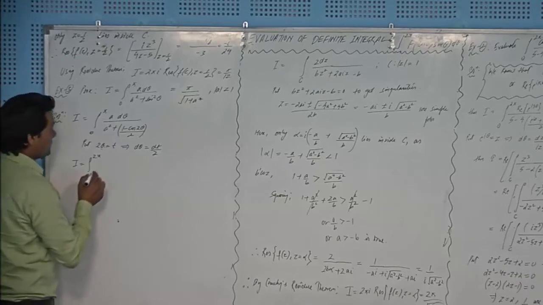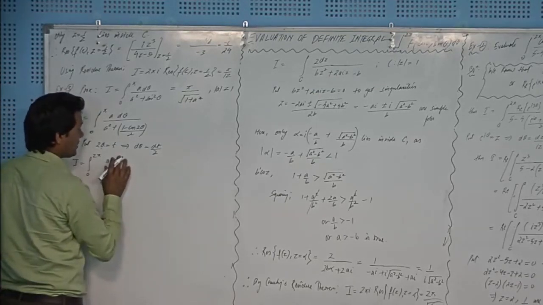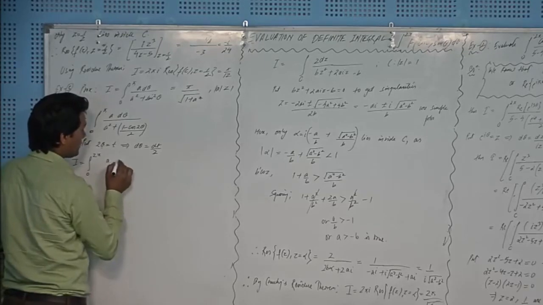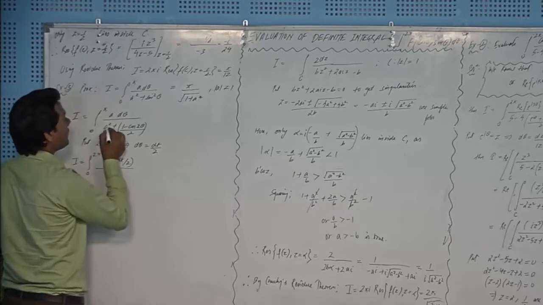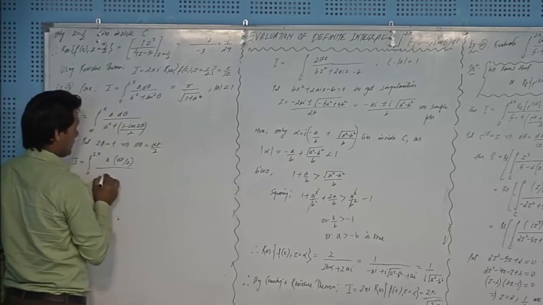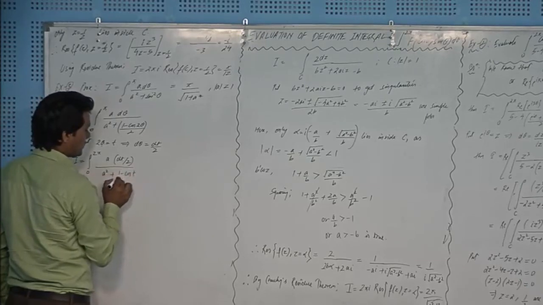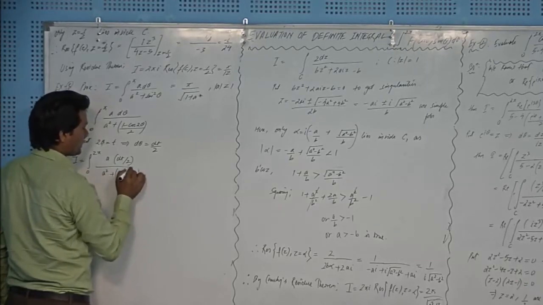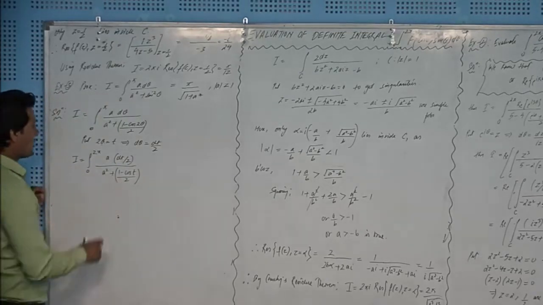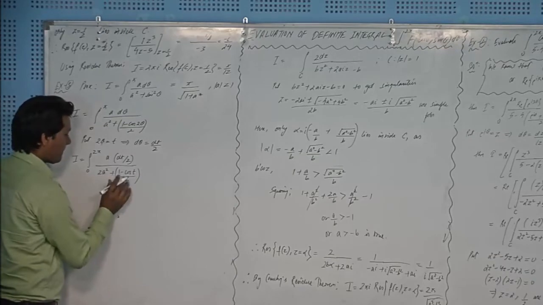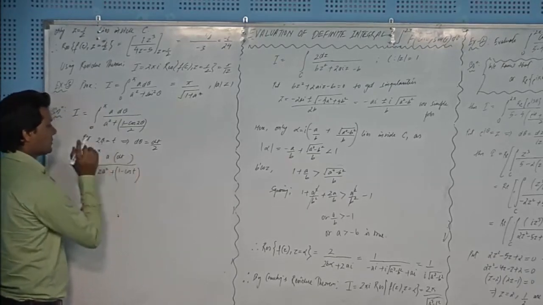Here we will have a d theta, and d theta is replaced by dt by 2, so it will become dt over 2, and in the denominator we'll have a square plus (1 minus cos t) over 2, right? Or should I remove this 2 by taking LCM? It will become 2a square, and this 2 will be removed, right?